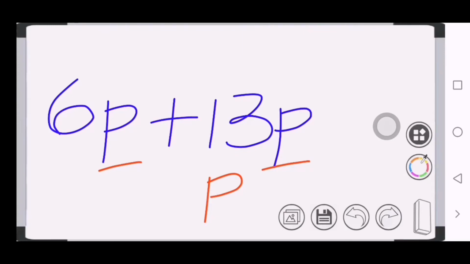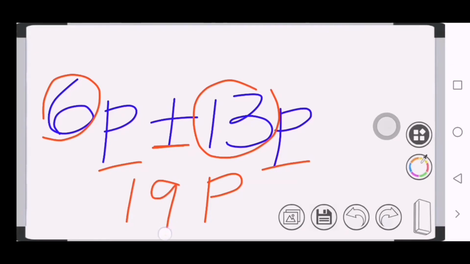But let's look at our coefficients, 6 and 13. What is happening to the two coefficients or the two numbers? They are being added up. Therefore, our answer is going to be 6 plus 13, which is 19. And our variable p. So our answer is 19p. Get it? Got it? Great.